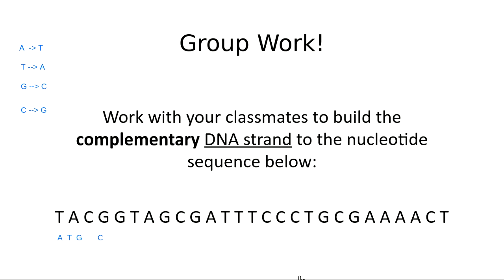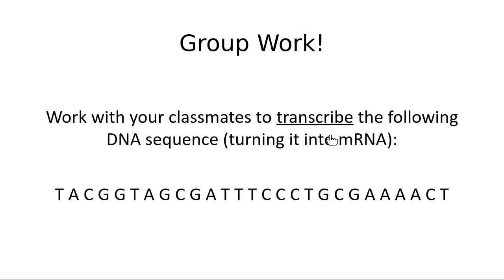When we do the process of transcription, where we're now turning that DNA into RNA, every time I have an A in the DNA, I actually put a U instead. So here I'm going to put what we had for the DNA, and then below it we're going to put our RNA. Here's what we had in the DNA, right? If I ask you to build me complementary DNA, that's what you would start off with.